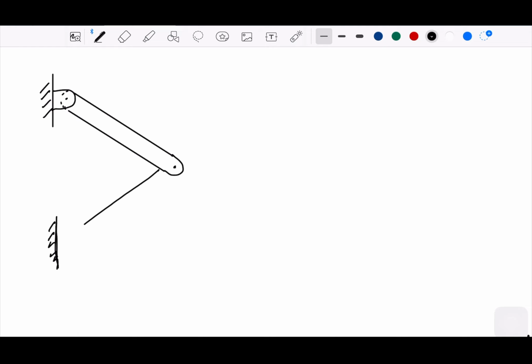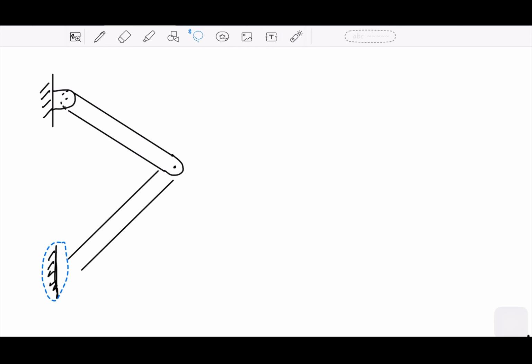So we have a pin, and then there will be another pin here, and then another pin over there.